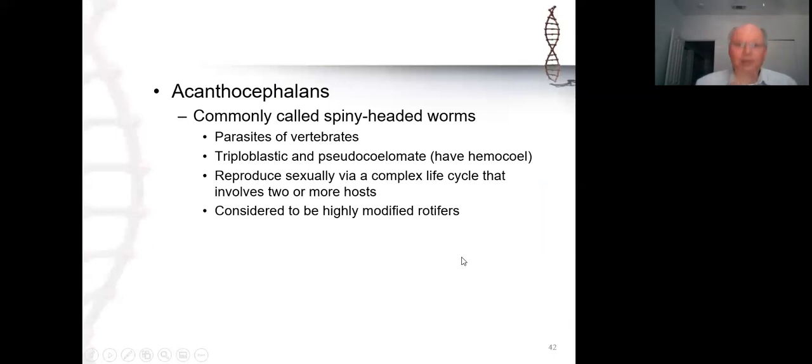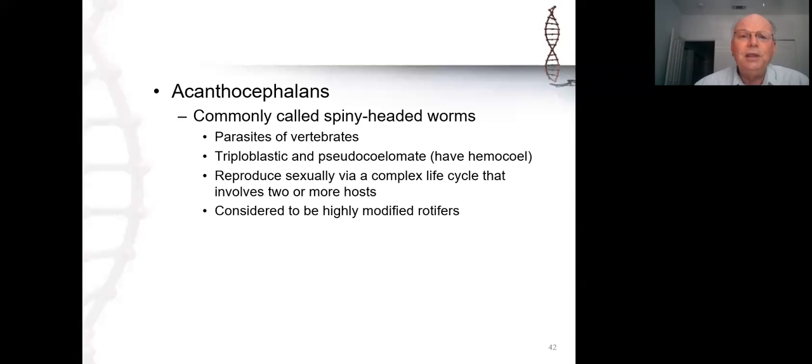So those are the rotifers. The acanthocephalans are very closely related to one subgroup of rotifers. And in fact, that subgroup of rotifers is more closely related to the acanthocephalans than they are to the other rotifers.